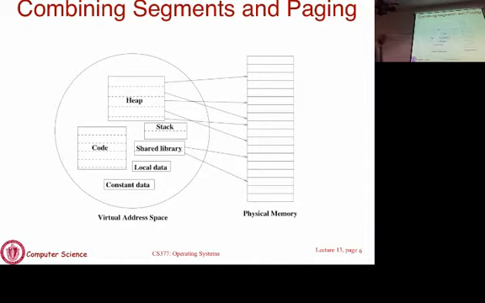Okay? So in the earlier case, we had treated a process as having an arbitrary size and we chopped it up into smaller chunks. Here, a process has segments. Each segment could be of arbitrary size. That's a heap segment, a code segment, a shared library segment. They tend to be many of the segments that are associated with a process. Okay. So now what we have done is each of these can be of arbitrary size.